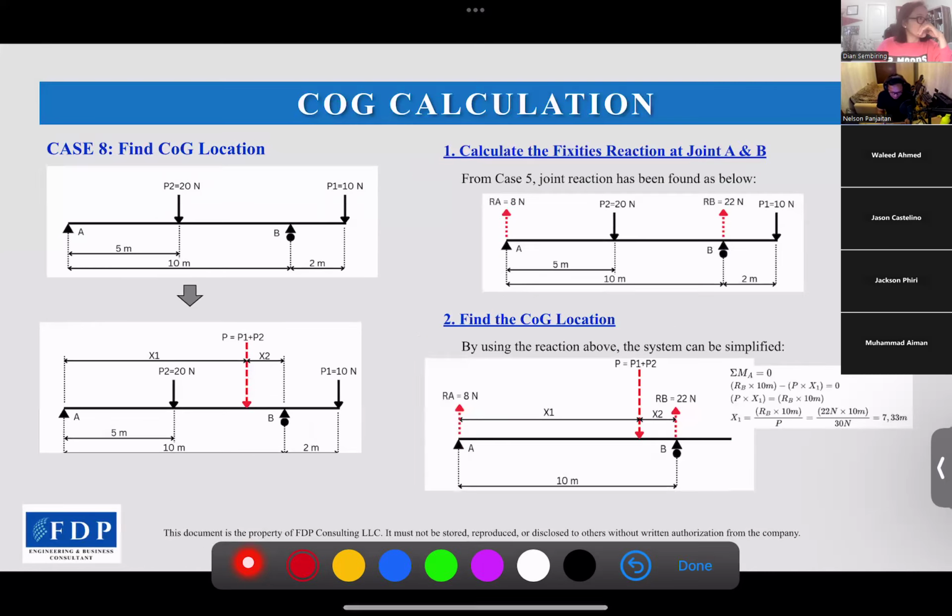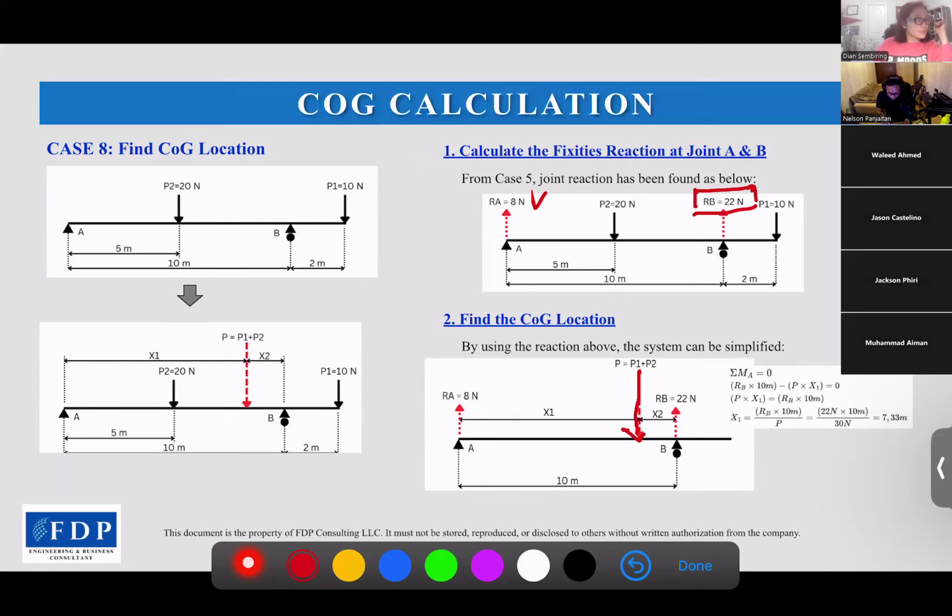Another example is like this. This is the same case as case 6, I think. So at A we got 8 Newtons, and at B we got 22 Newtons. Then we change P1 and P2 into a single force acting on the system, like this.